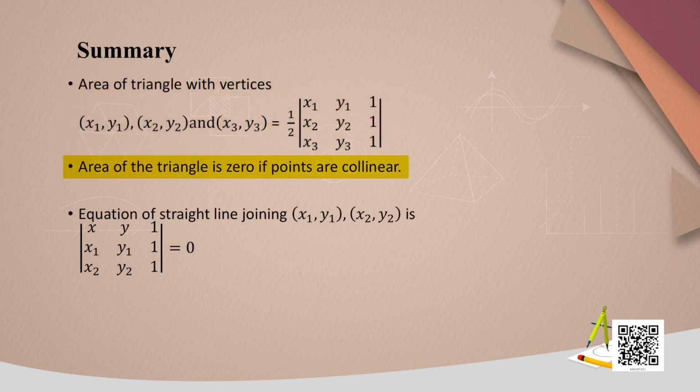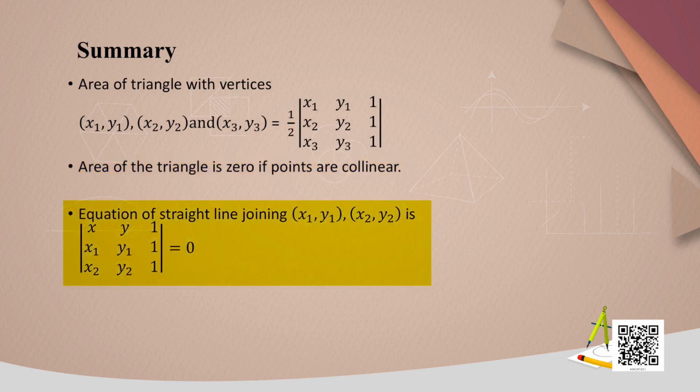Area of triangle becomes 0 if points are collinear. Equation of straight line joining 2 points x1, y1 and x2, y2 can be written as x y, x1, y1, x2, y2, write 1 in column 3, equate it to 0 and you will get the equation.